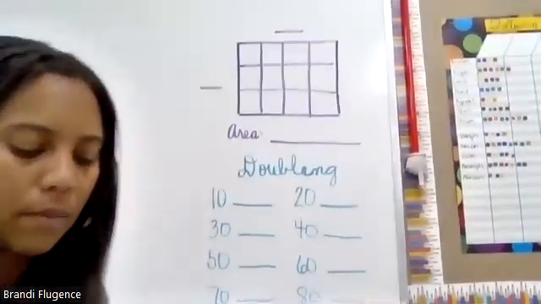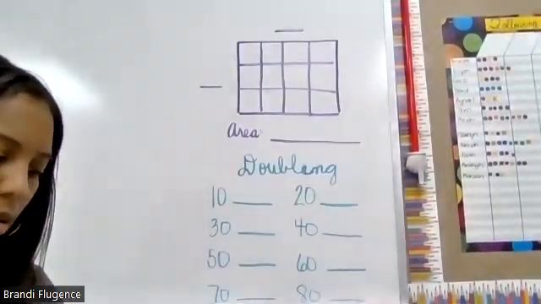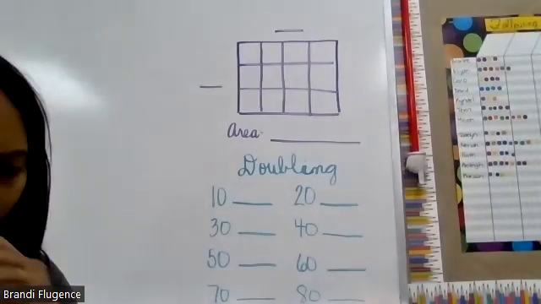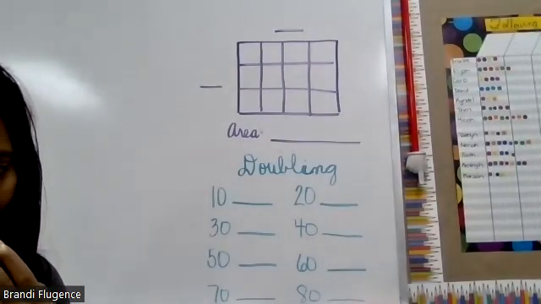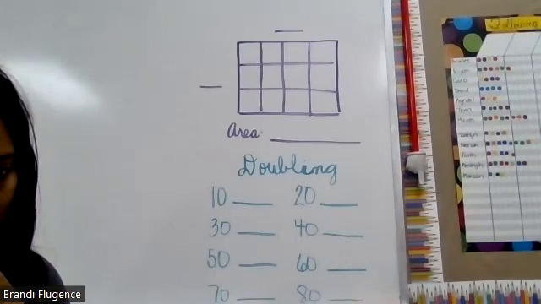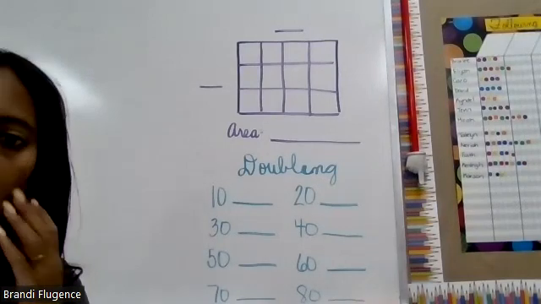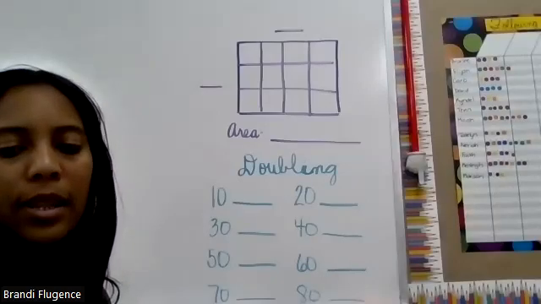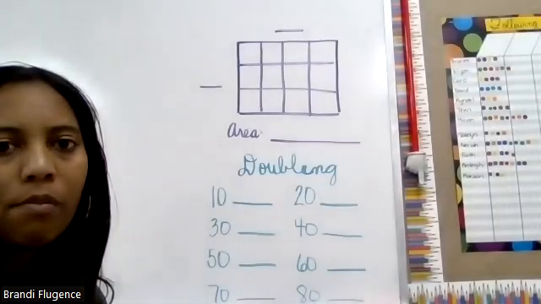No, try again. 2, 3, 4, 12. 24. 4 times 6 is 24.